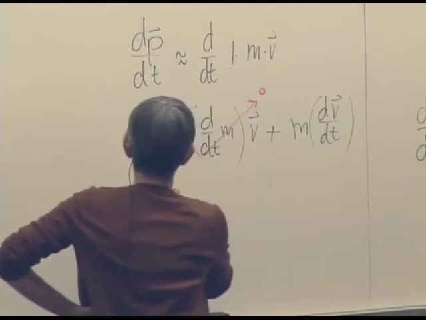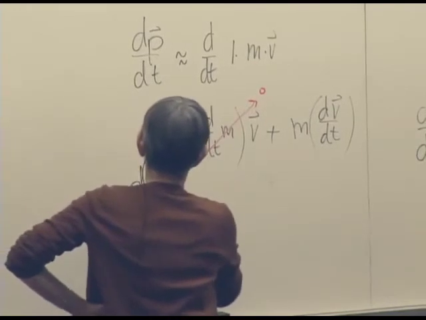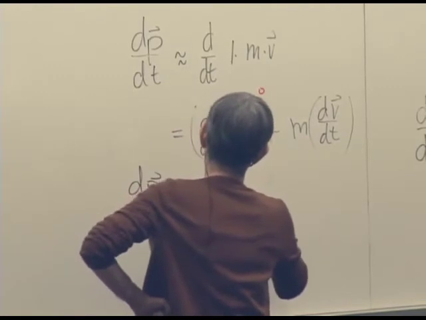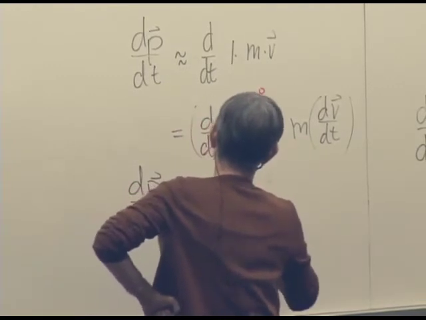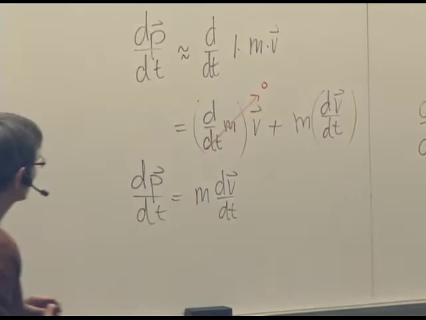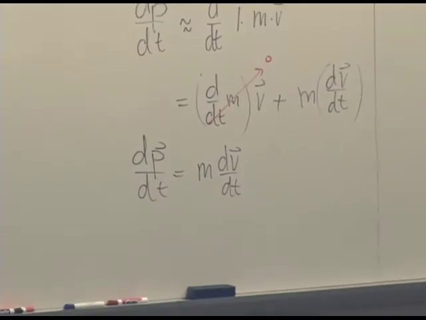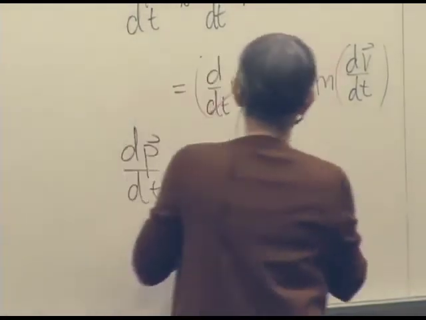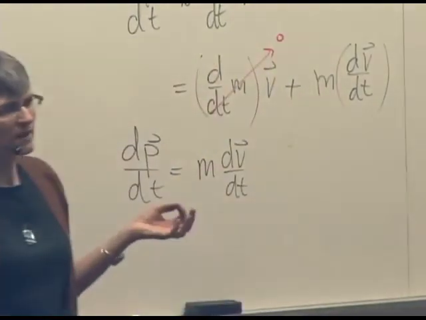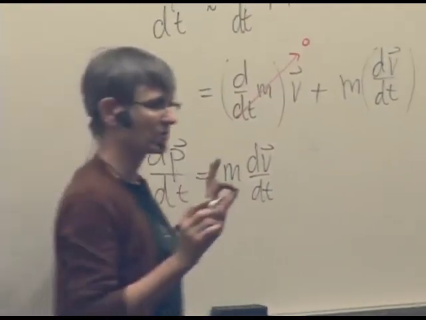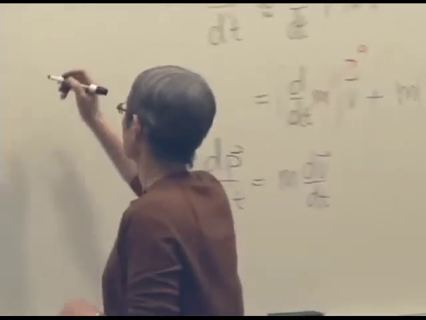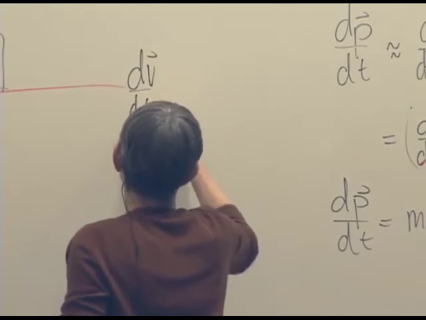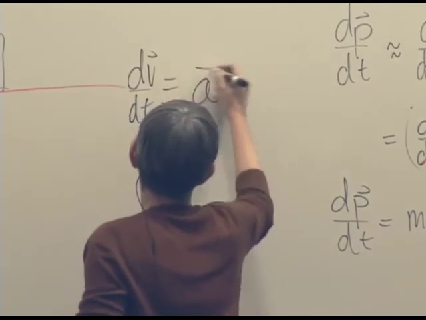And so we're going to approximate the rate of change of momentum by m dv dt. Now, that may look somewhat familiar because, in fact, the rate of change of velocity has a name. We mentioned it once before. It's acceleration. So the rate of change of velocity is defined as acceleration.